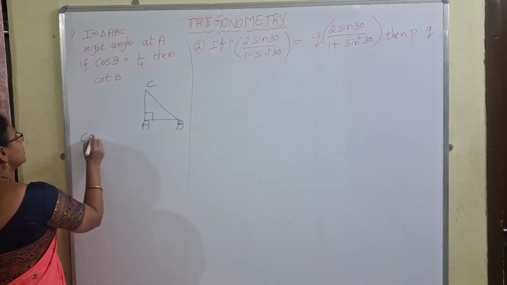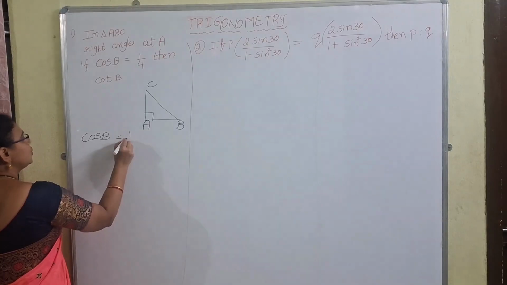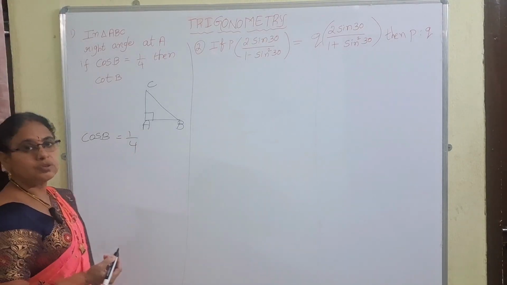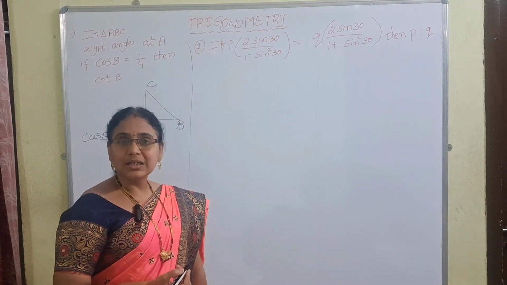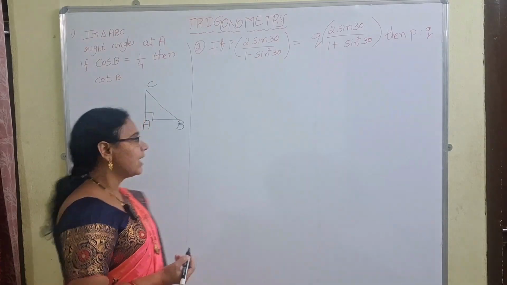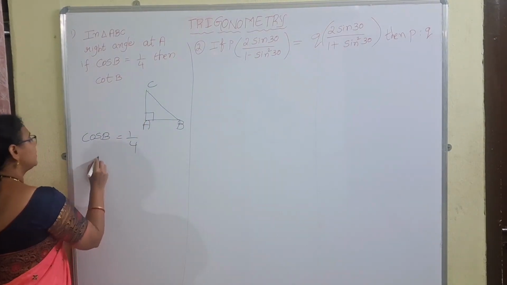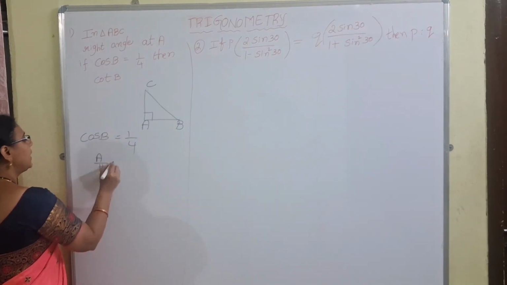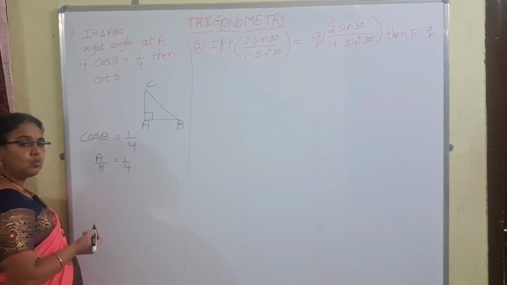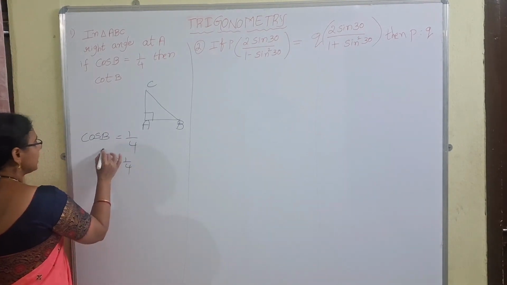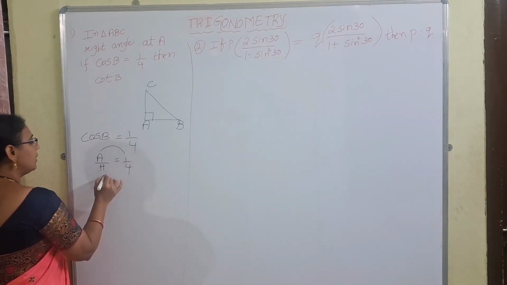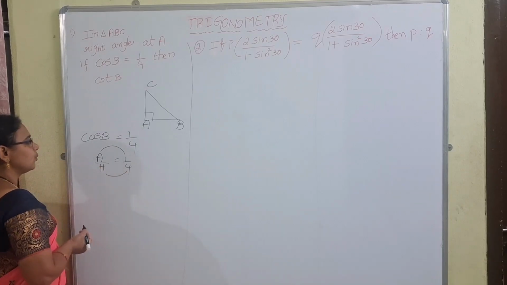Cos B is equal to 1 by 4. What is the formula for cos B? Adjacent side by hypotenuse is equal to 1 by 4. That means adjacent side is 1, hypotenuse is 4.